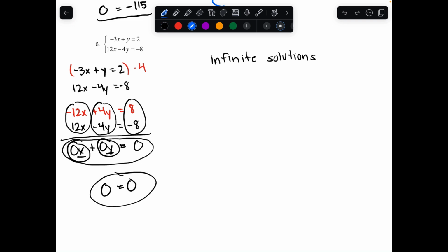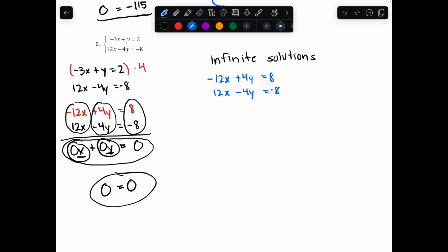Let's take a closer look like we did the last time. So we have negative 12x plus 4y is equal to 8, and we have 12x minus 4y is equal to negative 8. Now, both my x's and y's canceled, so they had opposite coefficients. So I'm going to multiply one of the equations by negative 1 to make sure they have the same coefficients so we can look at it a little bit better. So I'm going to multiply the top one by negative 1.